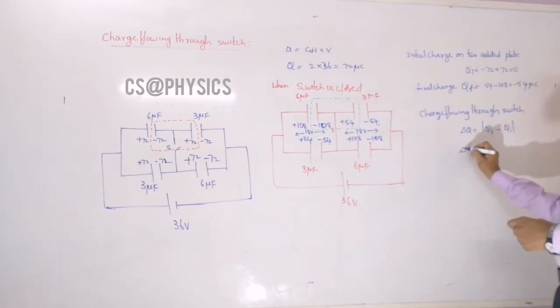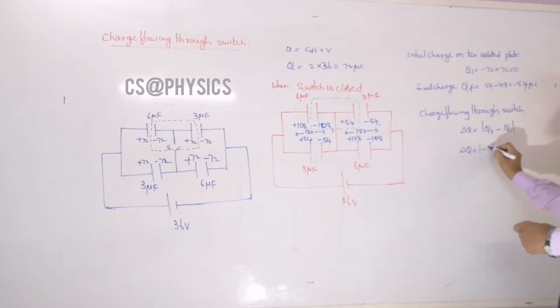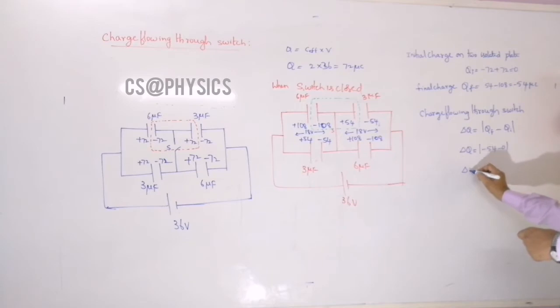Therefore delta Q is equal to minus 54 minus 0, and so you can write the charge flowing through the switch as 54 microcoulombs. So this is the charge flowing through that switch here.